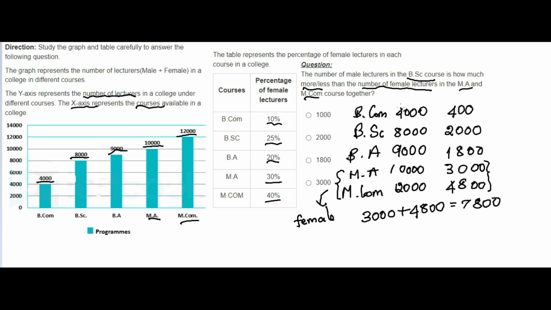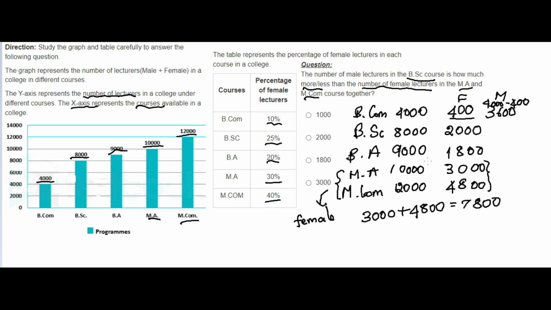Listen here, you want to take only the male lecturers in the BSc course. In BCom, out of 4,000, 400 are female lecturers. So the remaining male lecturers will be 4,000 minus 400, which is 3,600.